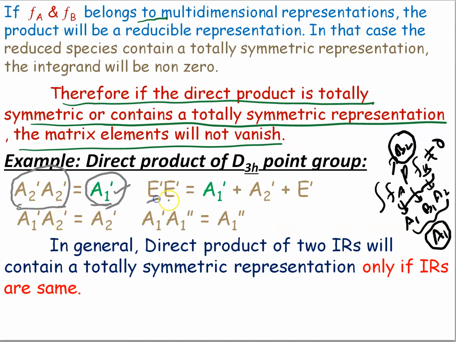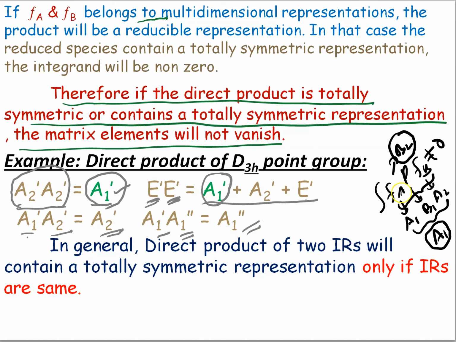Here also E dash, two same irreducible representations. It is two-dimensional, therefore we get a reducible representation. On its reduction, we get A1 dash, A2 dash, E dash, and one of them is totally symmetric. But if we multiply A1 dash with A2 dash, different IRs, we get A2 dash, not totally symmetric. A1 dash with A1 double dash, we get A1 double dash, not totally symmetric. That is, we get the totally symmetric representation only when we multiply the same irreducible representation.